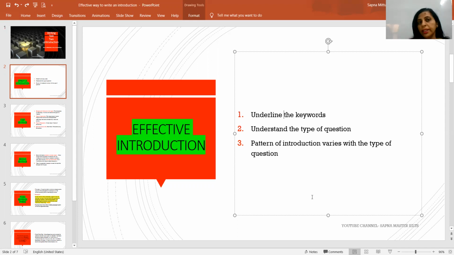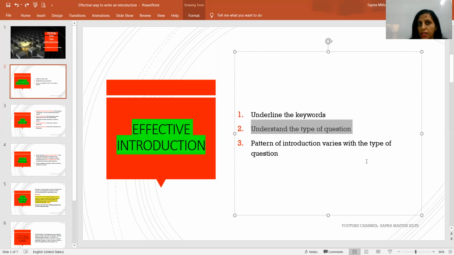Then I will try to understand what type of question it is, whether it is a descriptive one or the examiner has asked to what extent do you agree, or an advantages and disadvantages question. So you will understand what kind of question it is.